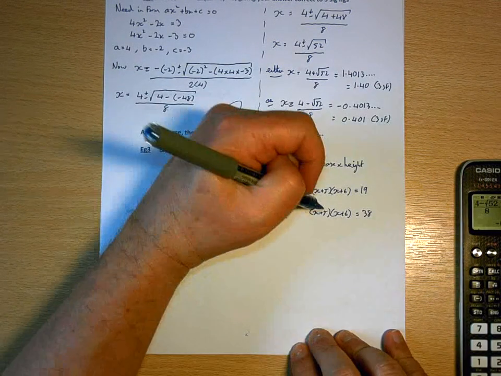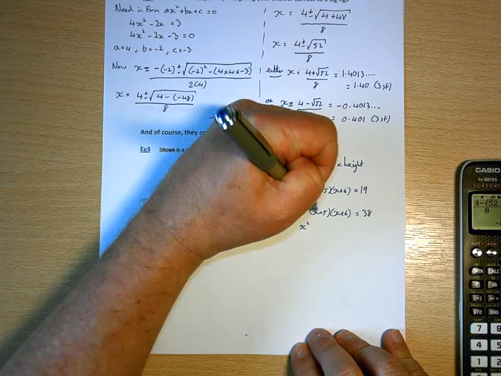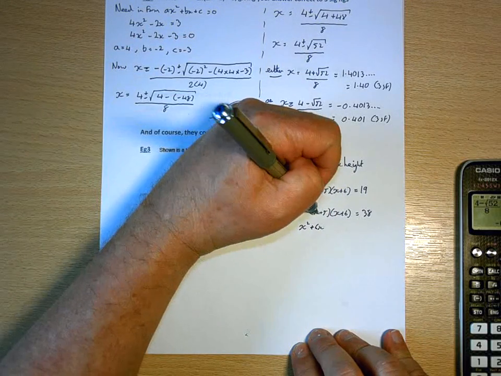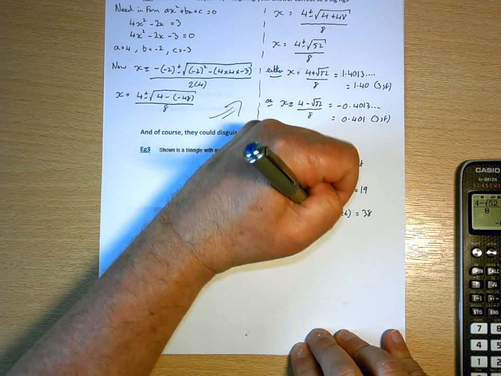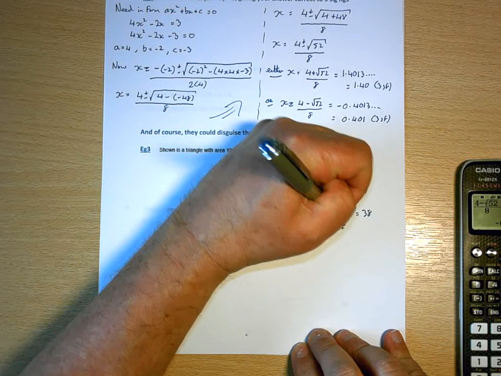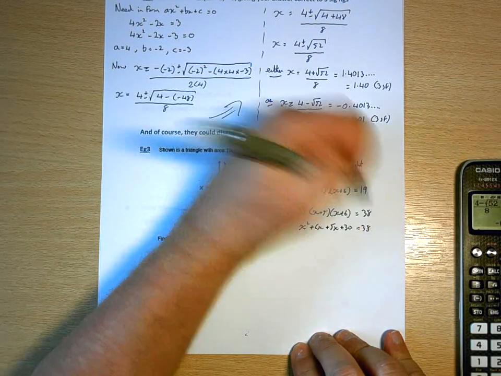So using FOIL, I got x times x is x squared, x times 6 plus 6x, 5 times x plus 5x, 5 times 6 plus 30, because they're both positive, equals 38.